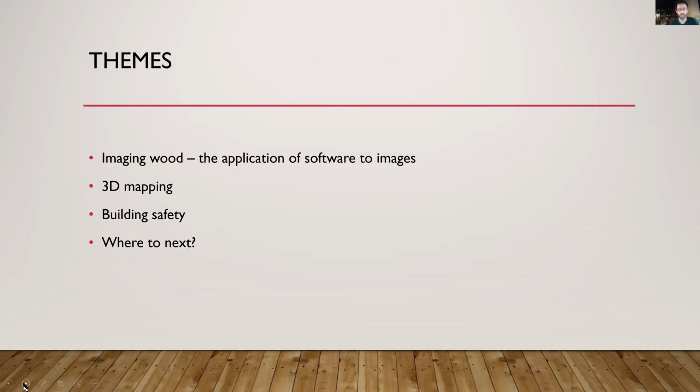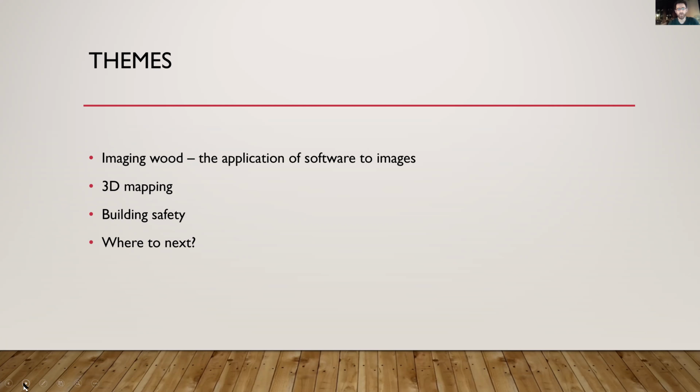I was talking to Doug before we started about how research kind of evolves. I first started this by looking at resins and resin bonds in timber, and very quickly started to realize there's quite a lot of research out there. So I then started to look at the application of fire to metal fixings in timber connections.